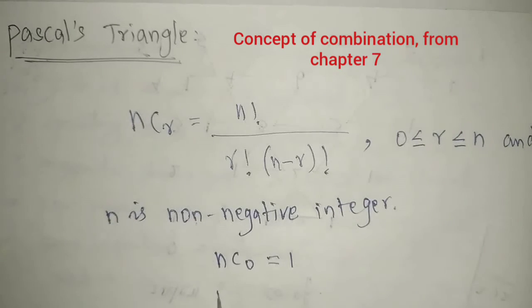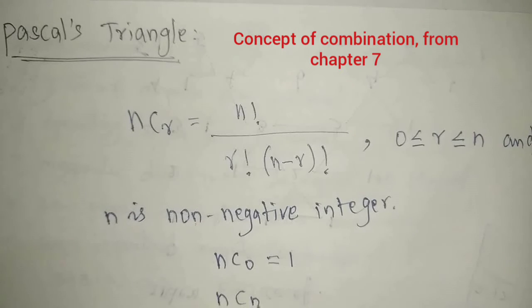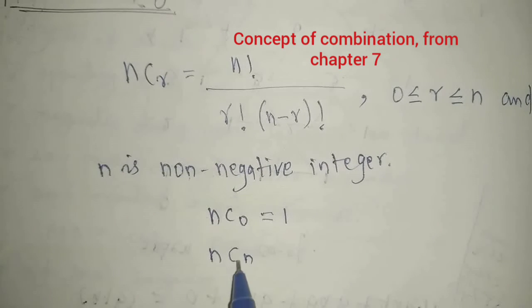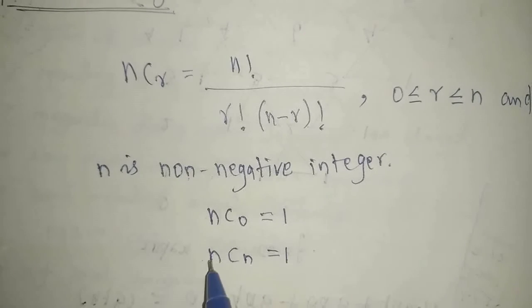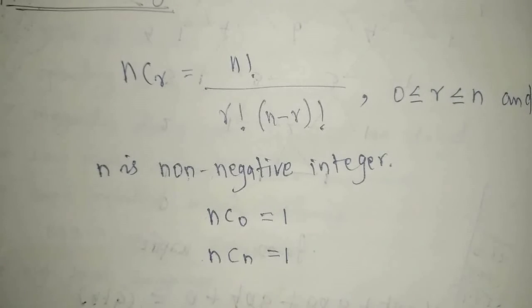At the same time nCn, meaning the n value and r value are both the same, that is also 1. Suppose 0C0 equals 1, 1C1 equals 1, 2C2 equals 1. So these things you have to follow, very important. And remaining things also I will tell you, just listen carefully.